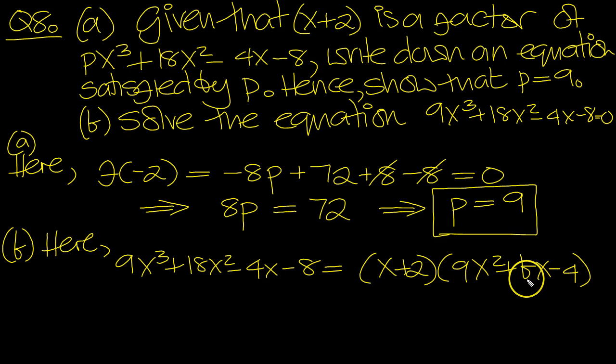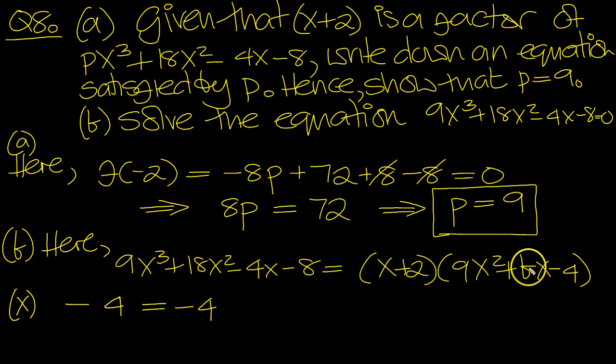So the only thing that remains is b. So we can either get it from the x squared terms or the x terms, either of those two. So let's get it from the x terms, I think. Let's equate the coefficients on both sides. So minus 4 is equal to, now the x term is minus 4x is here.